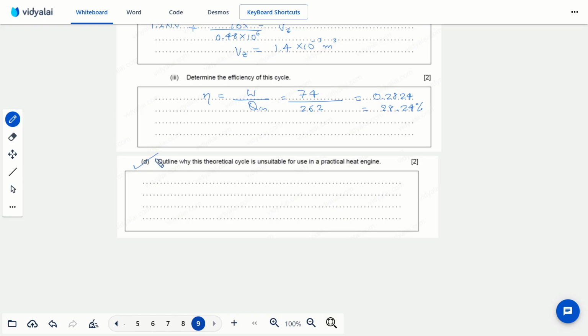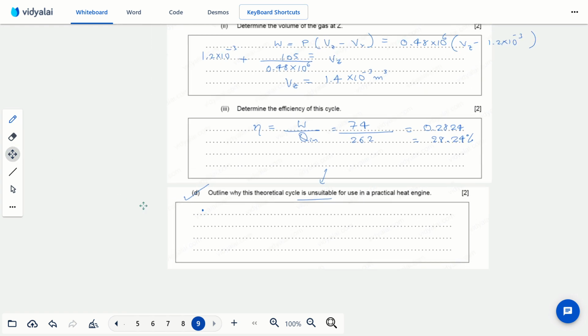The last part of this question is asking us why this theoretical cycle is not suitable for practical applications. One thing we can straight away notice is that it involves an adiabatic process, so we need perfect insulation to carry out adiabatic processing.